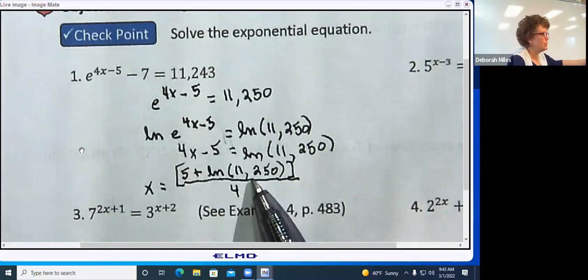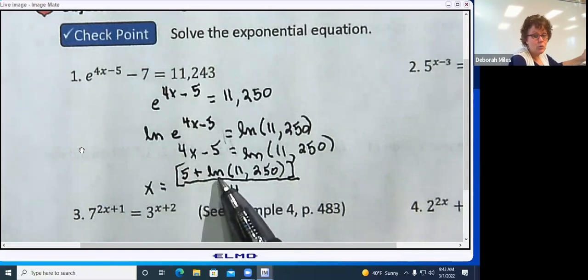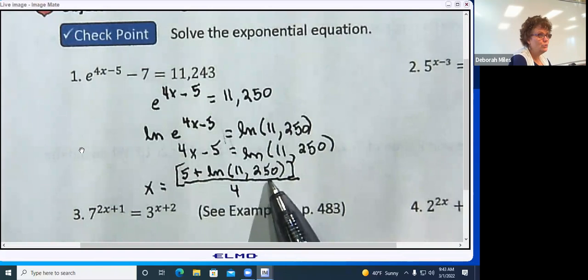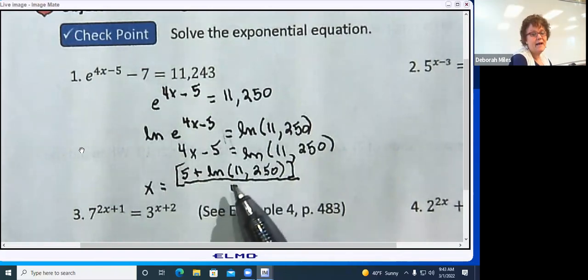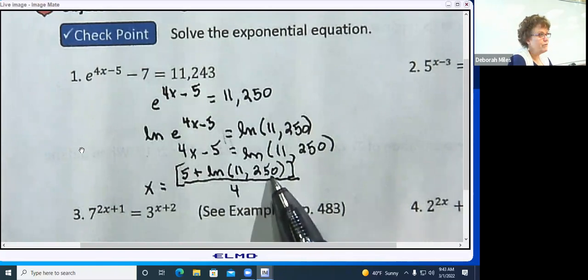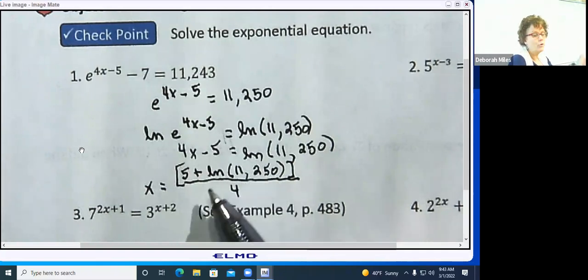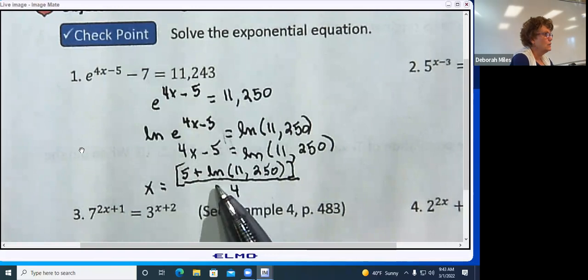Some of you have the cursive backwards calculator. The fabulous frontward calculator, you enter the natural log and then the 11,250. Cursive backwards calculator, you have to have the 11,250 on your screen before you hit natural log. So you probably know by now which one you have.